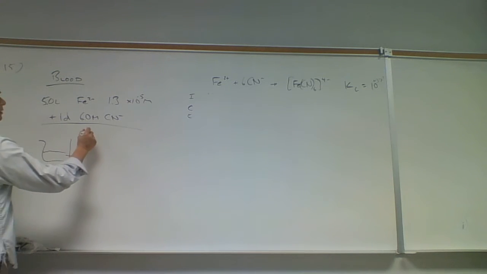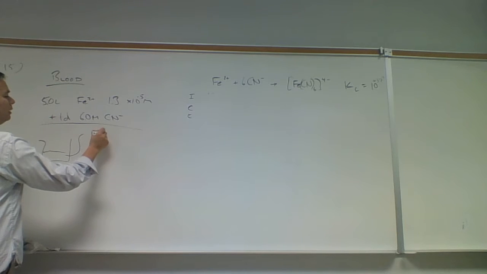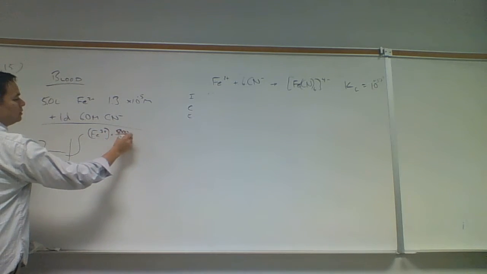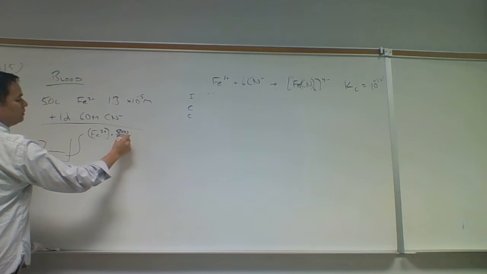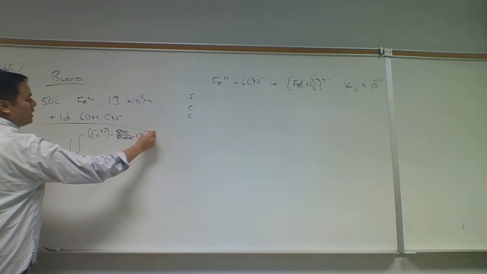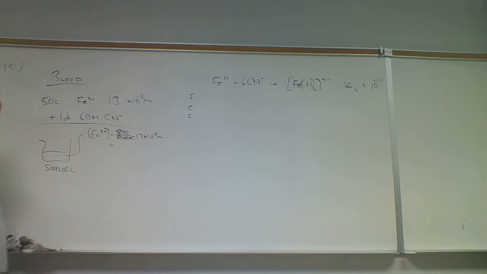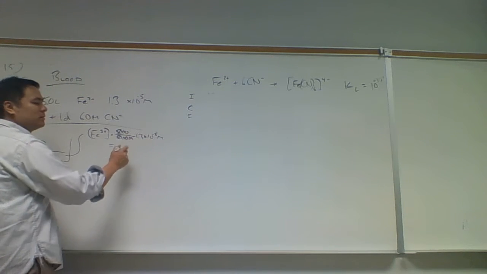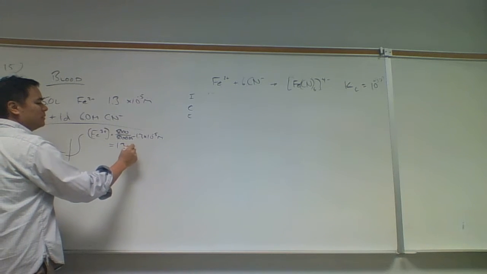And so we need to calculate the new iron concentration here. Well, iron concentration is barely going to change because it's a 5,000 to 5,000.05 dilution, times 1.3 times 10 to the minus 5 molar. Did somebody already calculate this? Save some time. Essentially it's going to be 1.2999999, which is about 1.3 times 10 to the minus 5.